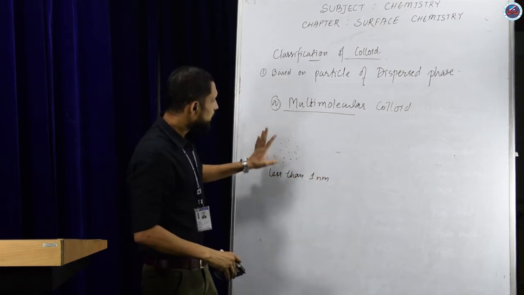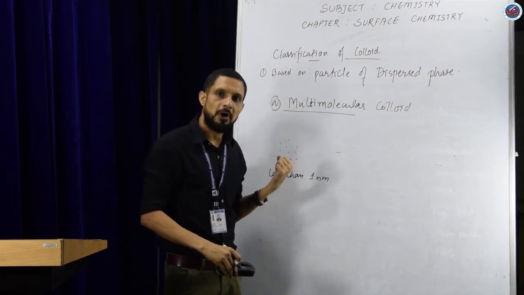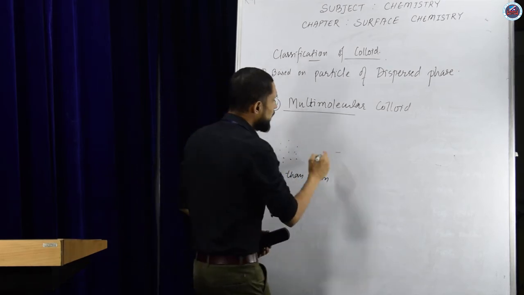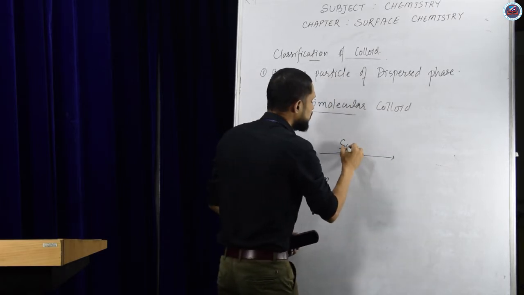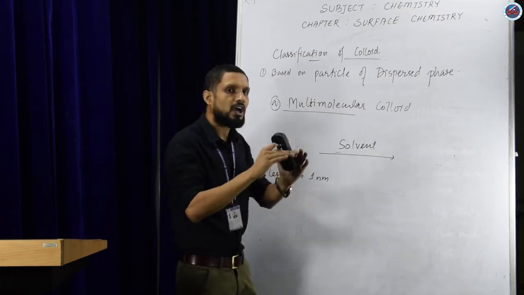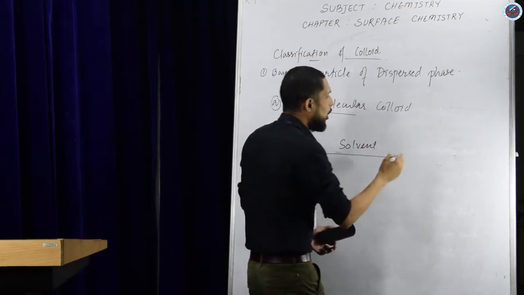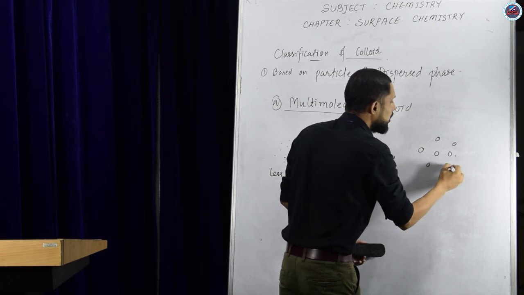Since it's less than 1 nanometer, it's not considered a colloidal particle, but when these particles are dissolved or added to a suitable solvent, they form an aggregate. That means they come together and form a bigger particle, which is in the colloidal range.